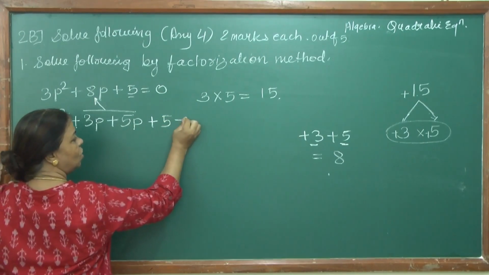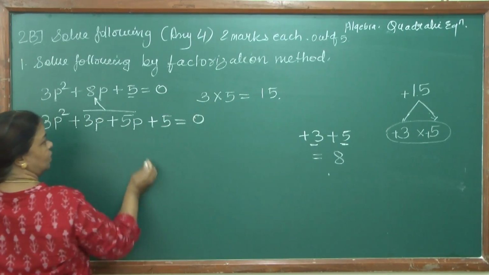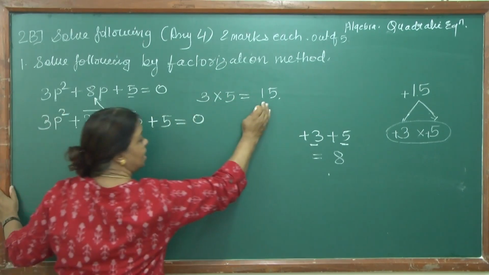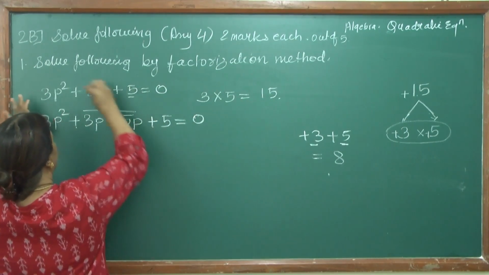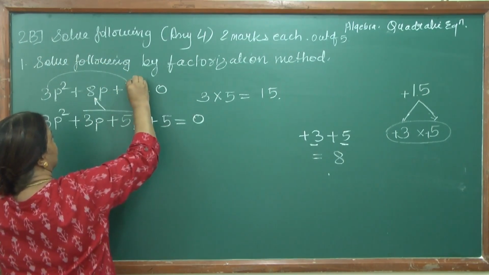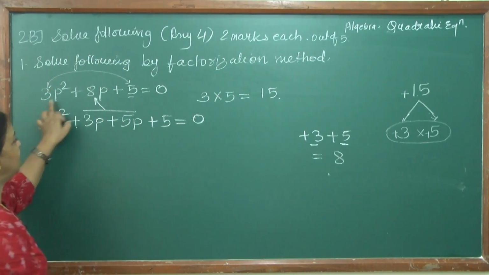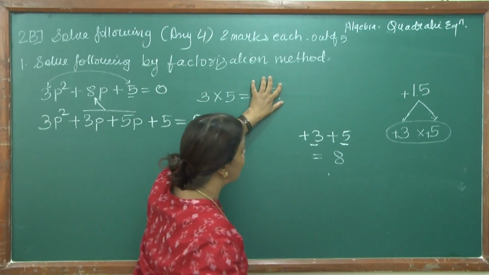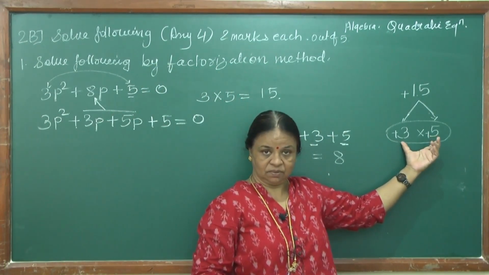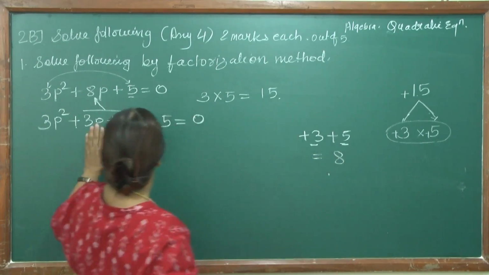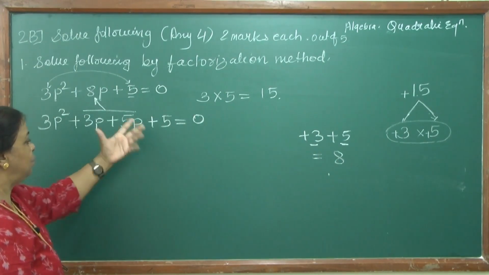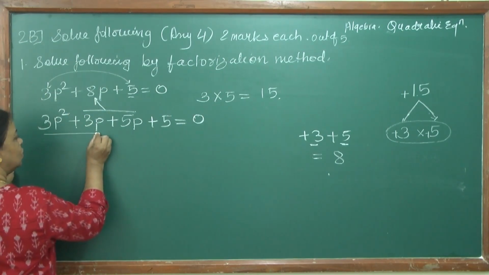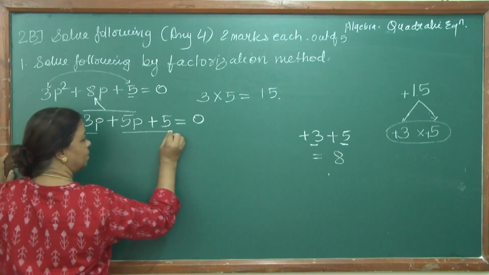I will not write 15; I will write what is there in the quadratic equation. That 15 I got by multiplying the coefficient and the last term, and that 15 I bifurcated to get the middle number, and I put that number here in the equation. Now this is one pair and this is another pair.